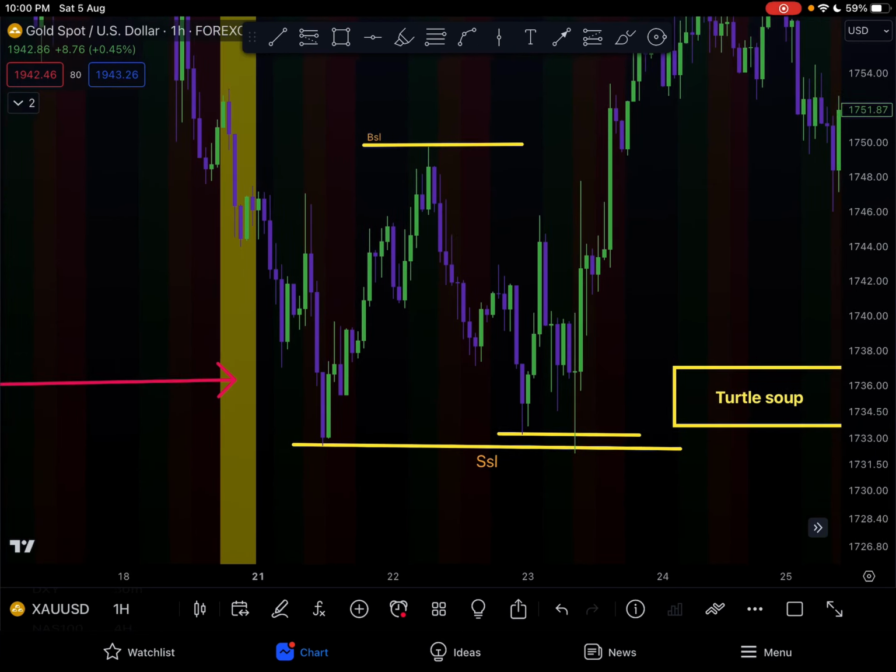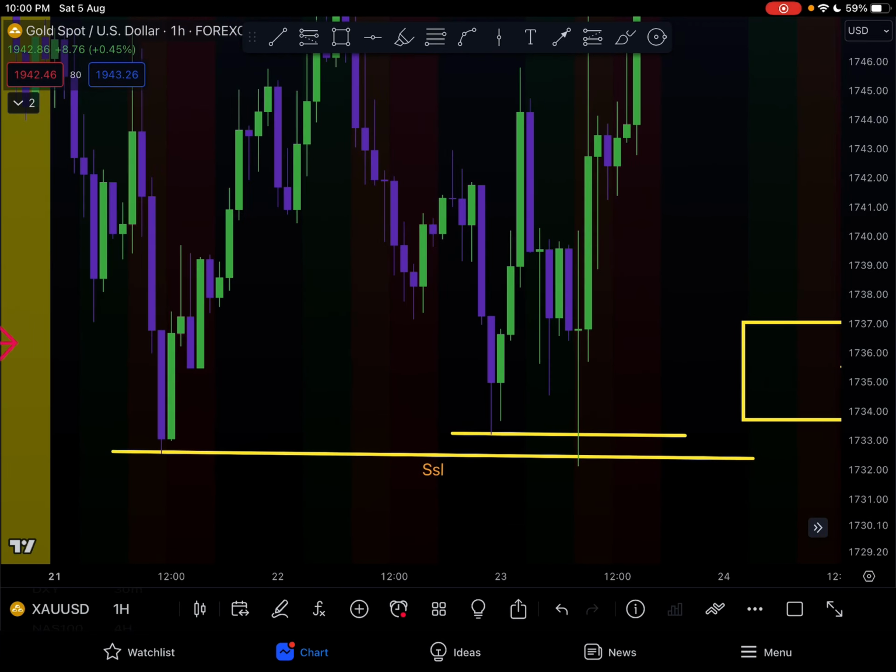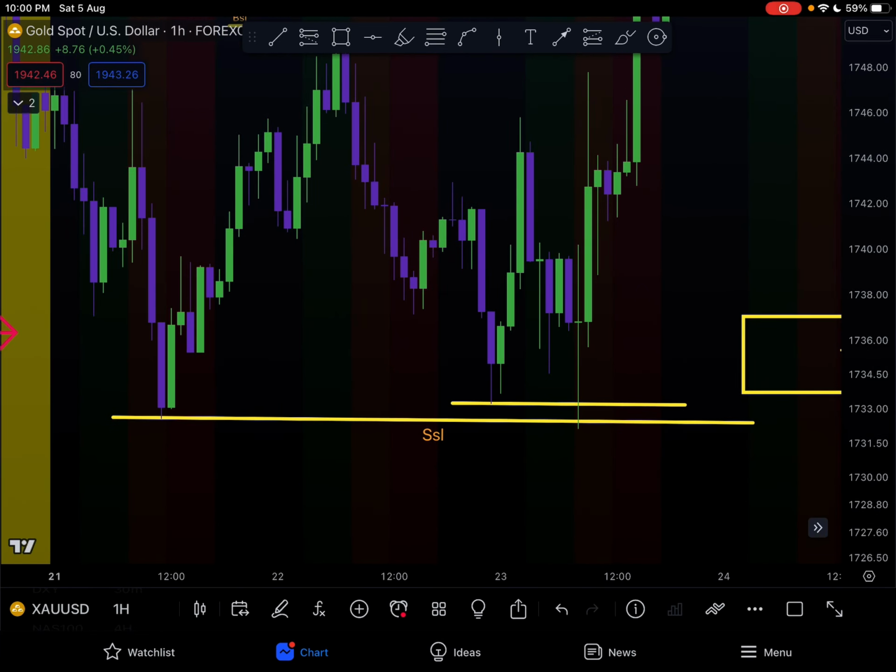Now, this turtle soup setup, we understood we're already in a daily fair value gap within a weekly fair value gap. Price is what? It was a green fair value gap. Price is bullish. And again, even with fair value gap, it's giving me the bias already. A lot of people ask me, yo, you haven't talked about how to get the daily bias or how to get the bias for whenever you're trying to trade.